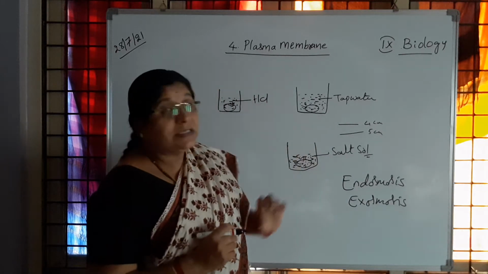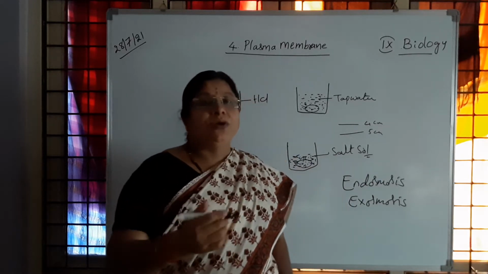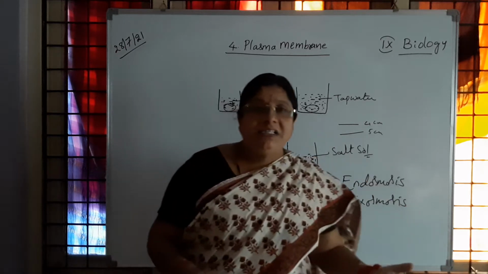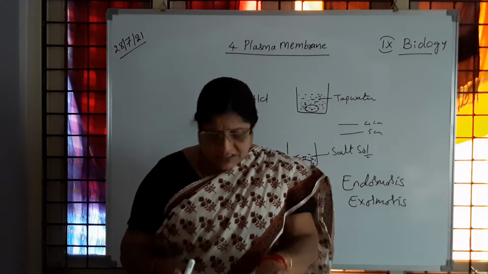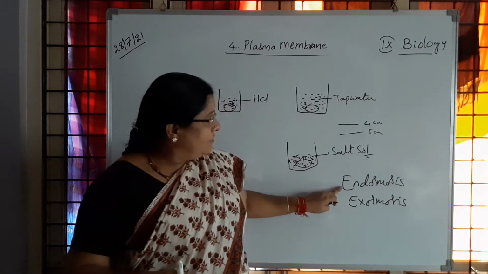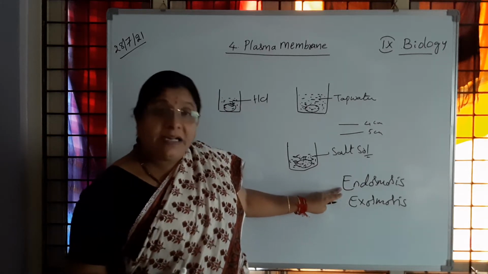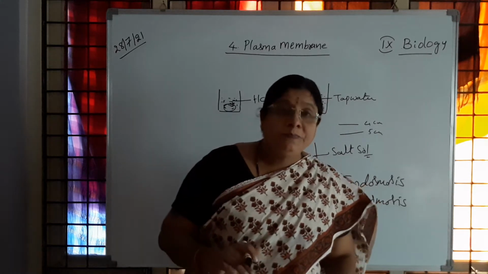That one is called the cell membrane. Through that cell membrane, the movement of water is going to happen. One side it is entering inside the egg, other side it is leaving the egg. So the process in which water molecules leave the cell is called exosmosis, and the process of movement of water entering inside the cell is called endosmosis. Is it clear to you?